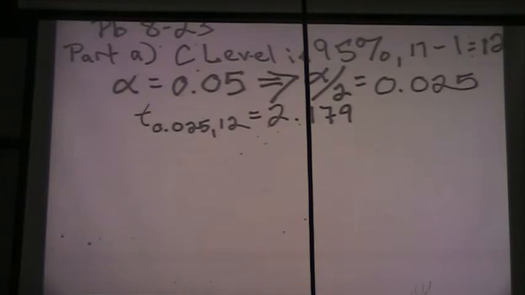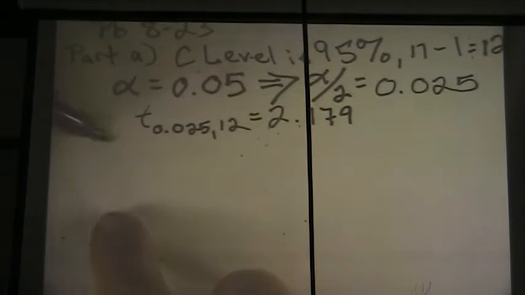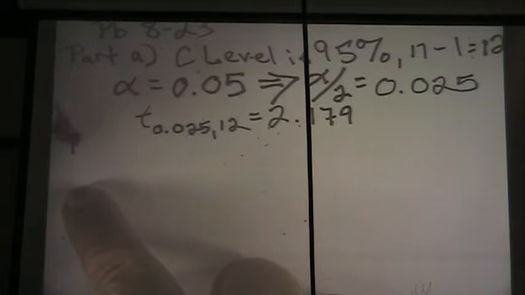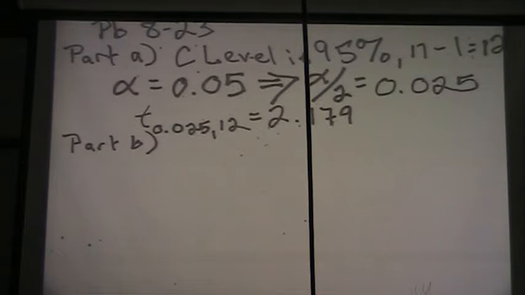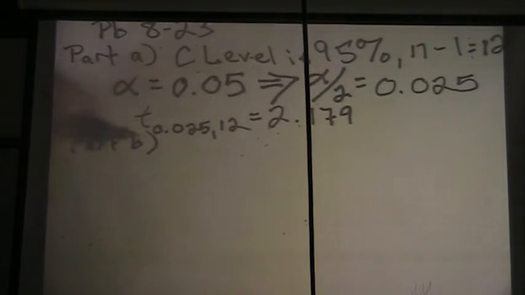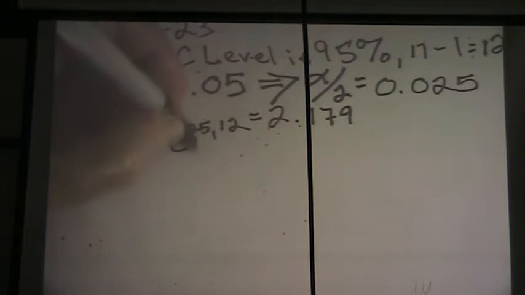All right, now let's do part B. Part B again wants a confidence level equal to 95% and a degrees of freedom equal to 24.